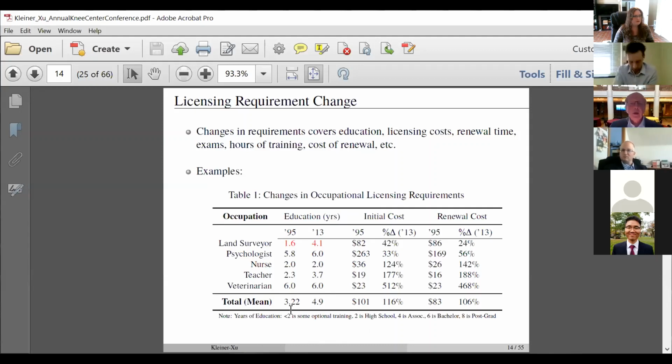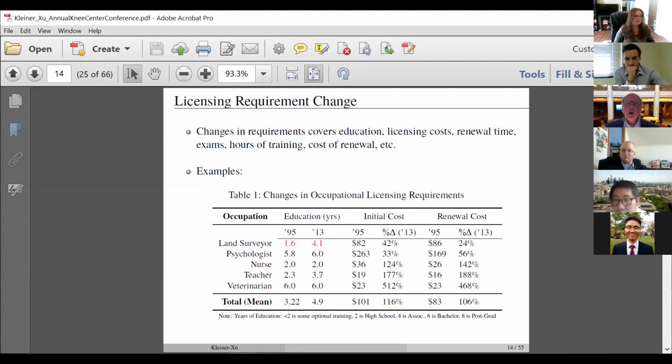Education requirements for land surveyors in 1995 were basically a bachelor's degree. This is measured with 2 being high school, 4 being associate degree, 6 bachelor, and 8 postgraduate. In virtually all these occupations, except for veterinarians, the education requirements have increased, in some cases very significantly, in terms of general training.